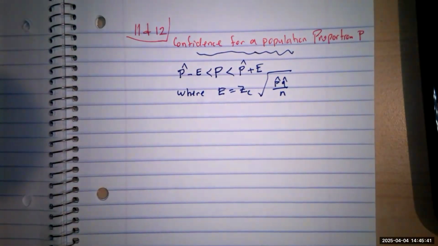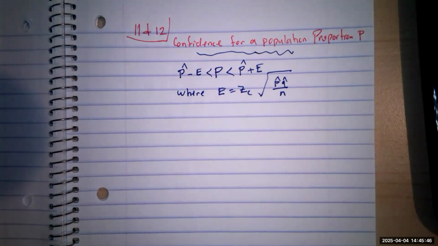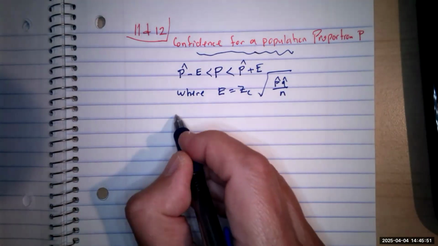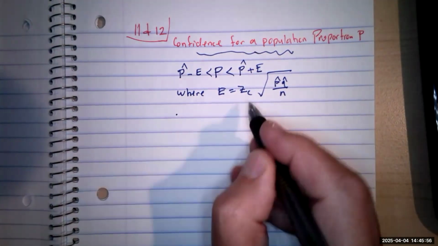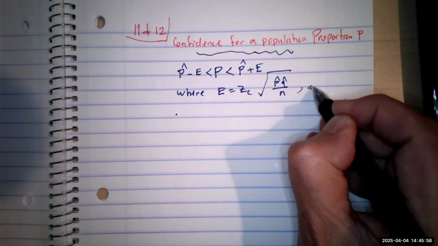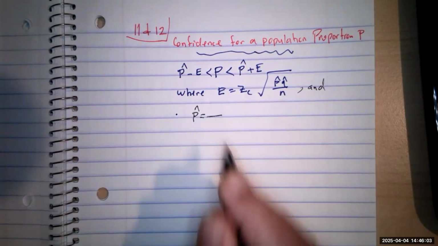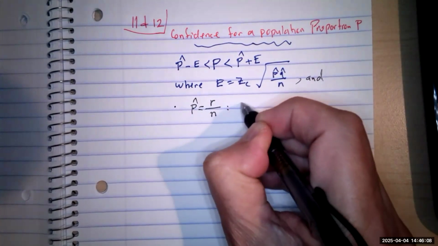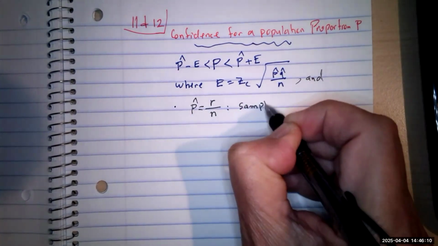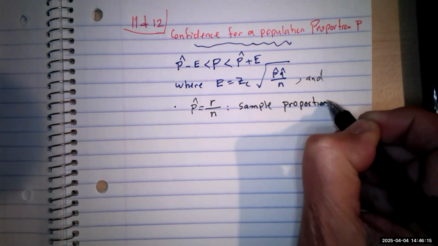I proved this one for you the other day. And these terms are going to be: E is this, and P hat is equal to R over N. That is the sample proportion.